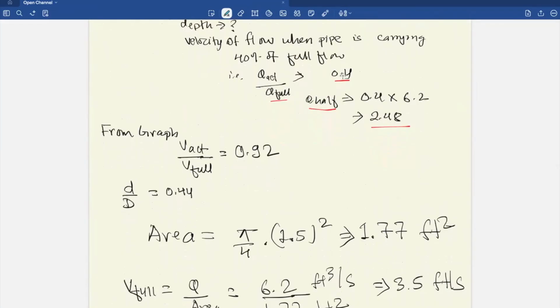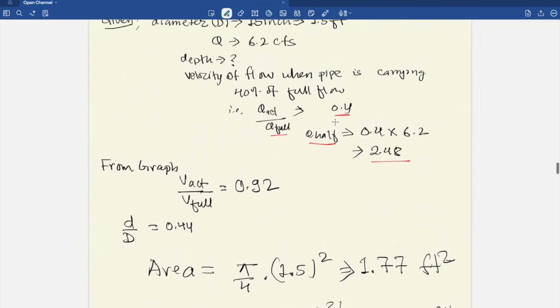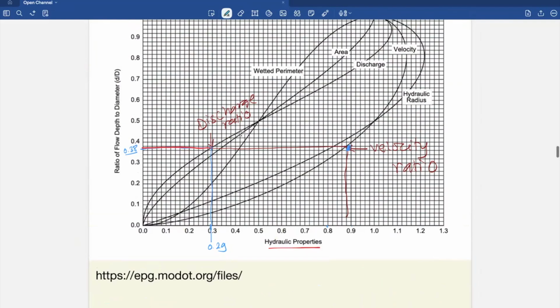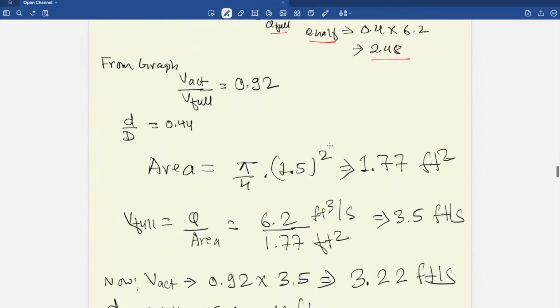So I used this 0.4 and went from here to this discharge line, which gives me 0.44 as D by D. And from that I got the velocity ratio, V actual divided by V full.